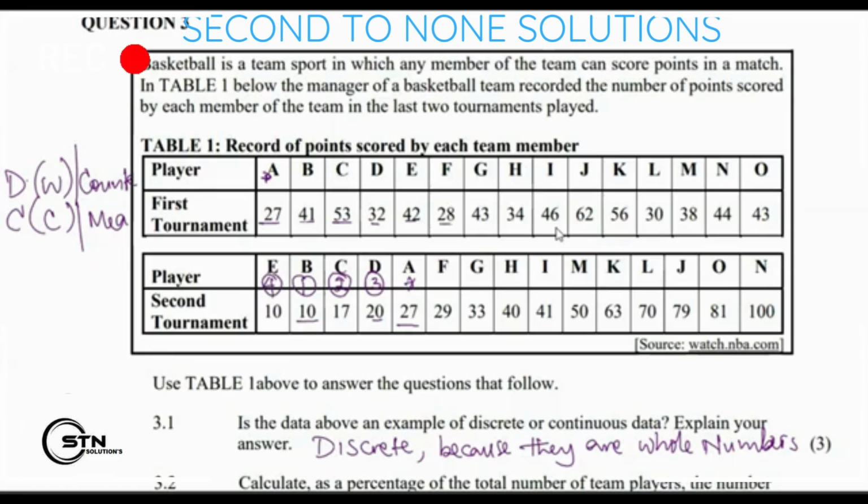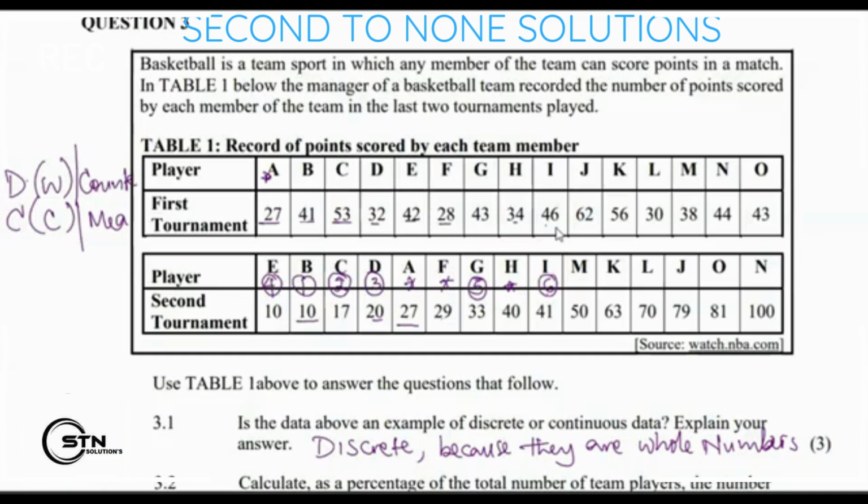F, he had 28. Now he has 29. No, this one is not concerned. G, 43 to, yes, this one decreased. We are looking at them. H, this one increased. There's nothing much. I had 46. Now he has 41. He also decreased.